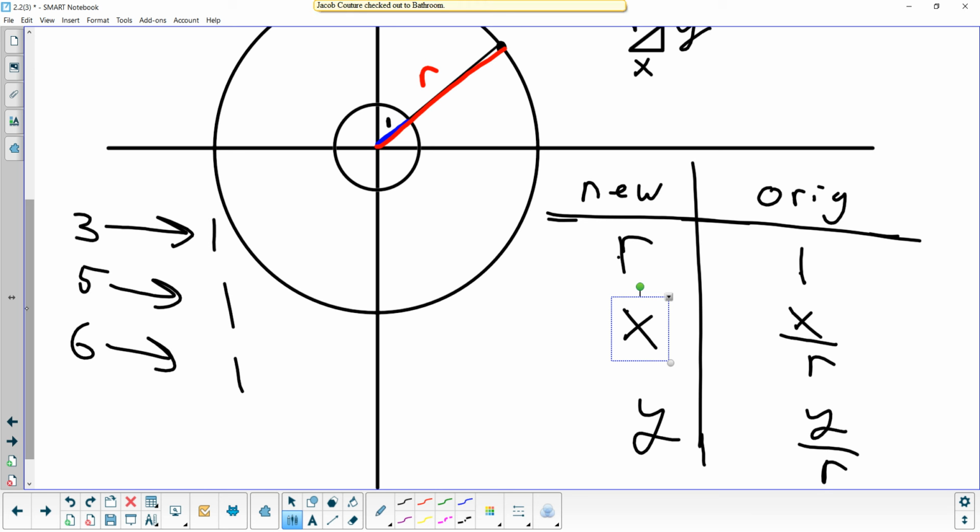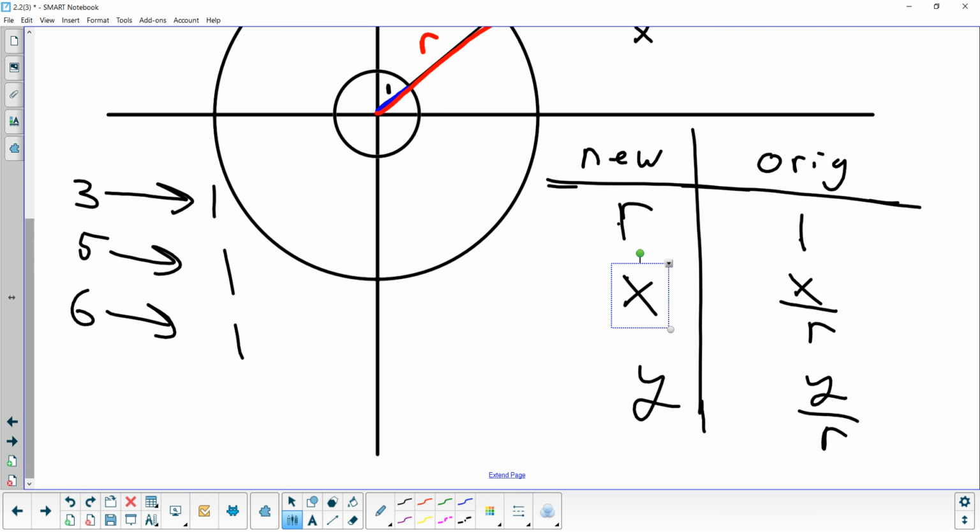And what that does is it takes the bigger triangle, and it's like a scale factor. It scales it down to make it smaller. How small? It makes it so the hypotenuse is exactly 1. And by scaling it down to a problem where the hypotenuse is 1, we've changed it back to the kind of problem we know how to do.